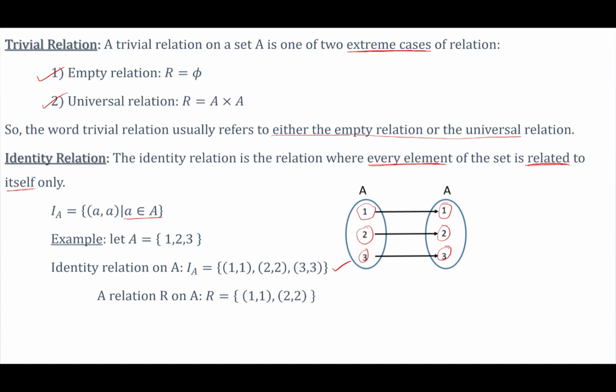Is this an identity relation? No, it is not an identity relation. Why? Because in this relation (3, 3) does not belong to the relation R. That is why this relation is not an identity relation.